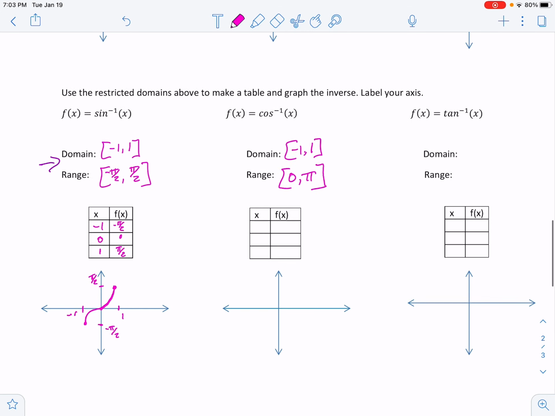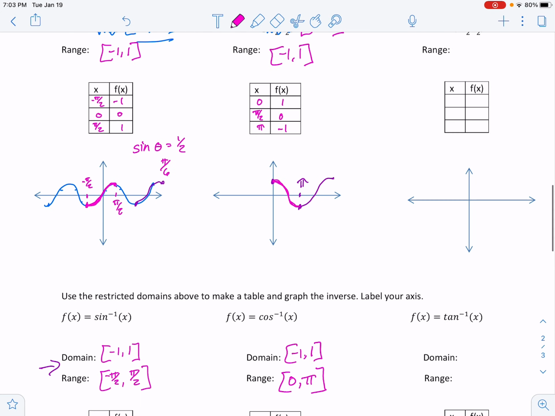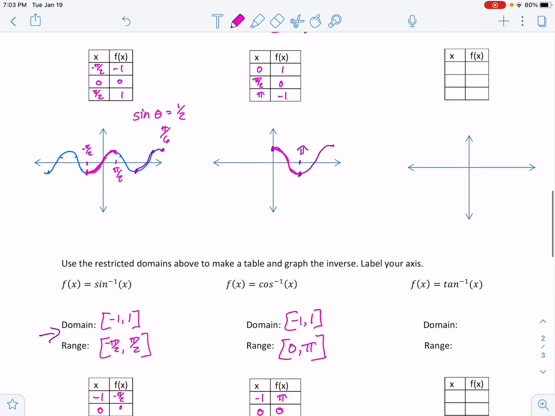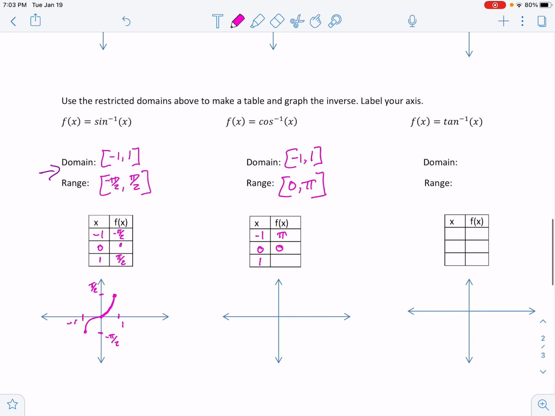All right. So these are negative 1, 0, 1. And this is pi over 2 and pi. Oh my goodness. 0 is at 1. No, this is pi over 2. Sorry, I got sidetracked. This is pi over 2. And it's 1 at 0.